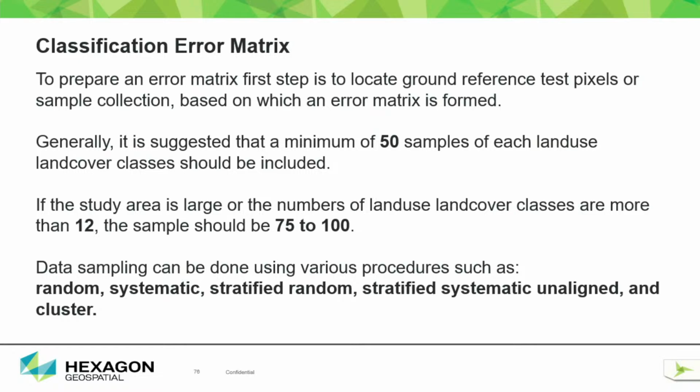Data sampling can be done using various procedures such as random, systematic, stratified random, and stratified systematic. These are the statistical rules. What is the meaning of random data collection? Mathematics people can say that. Can I have some answer?